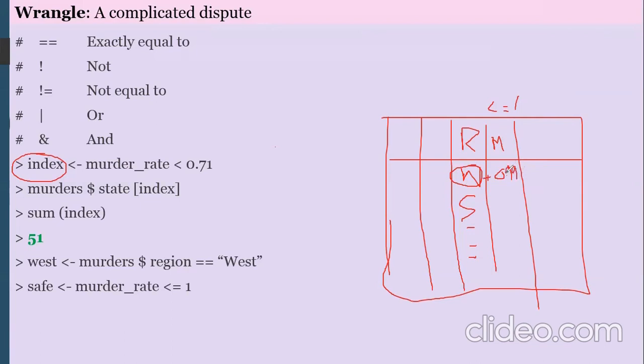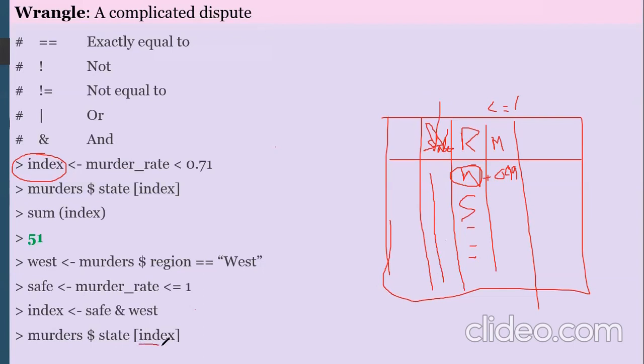So if I write murders and access state, the names of the states, it will access all these states defined in the index.